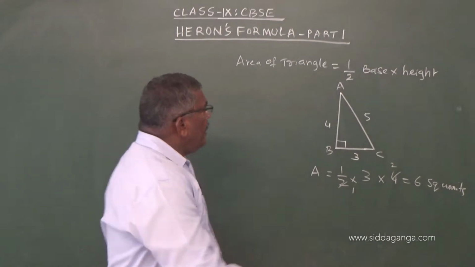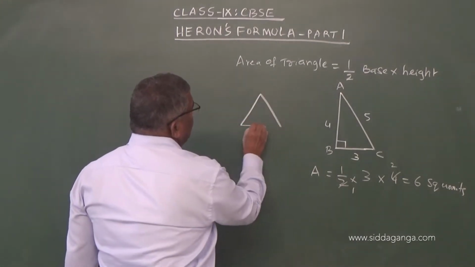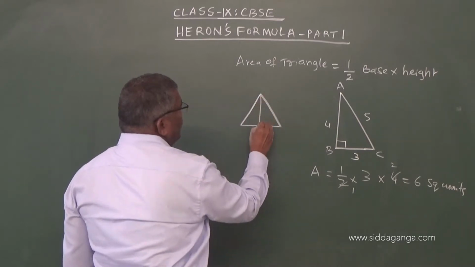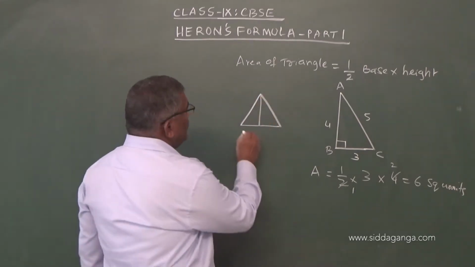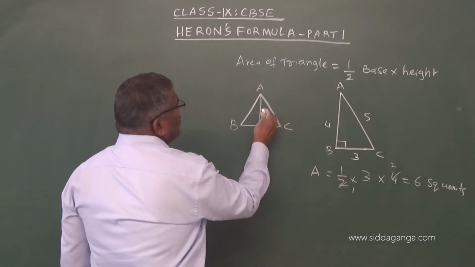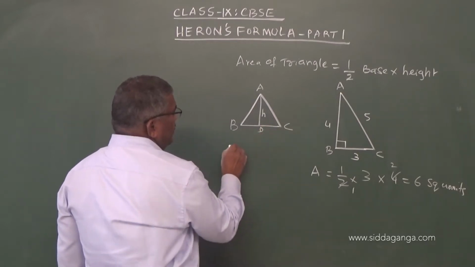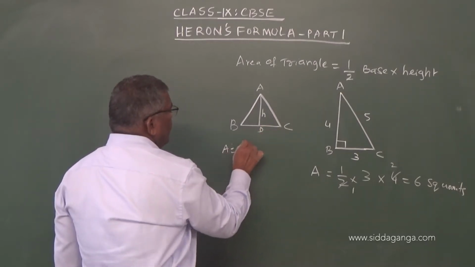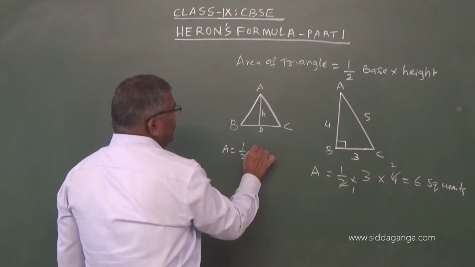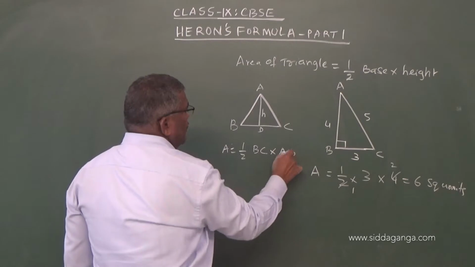And if you have an equilateral triangle ABC, then we will draw a perpendicular here, and AD becomes the height. So area is given by half base BC and height AD.